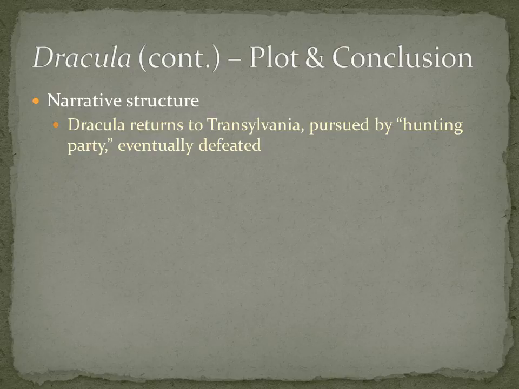And then when Dracula comes to England and threatens the women, he's penetrating, invading this domestic space, and you have the idea of this eastern foreign other, this foreign threat invading English soil. Well, following the narrative structure in the end, that foreign threat is pursued back out of England, back to his homeland, and eventually defeated.